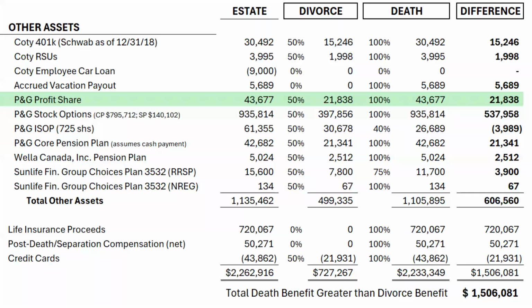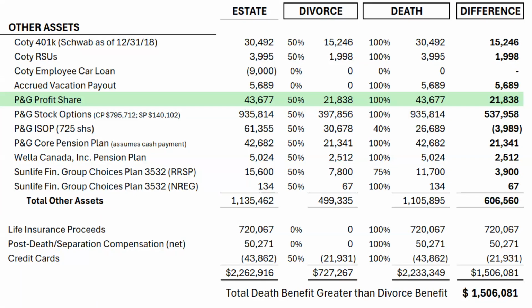All right. Let's move down to line 15. You have P&G profit sharing, PST. Yes. Tell us what we see here, please. Again, that's a profit sharing plan that had $43,677 in it. And half of it would have gone to Ms. Sementilli in a divorce situation, or $21,838, whereas in a death scenario, Ms. Sementilli receives $43,677, the difference being the other 50% of $21,838.